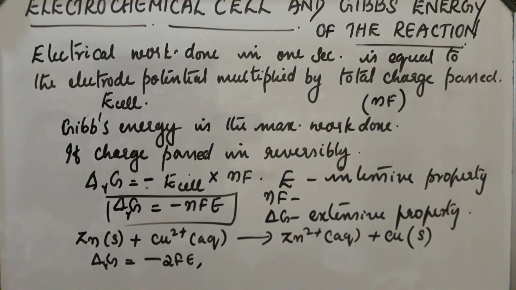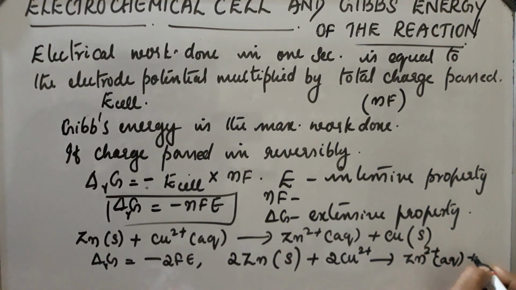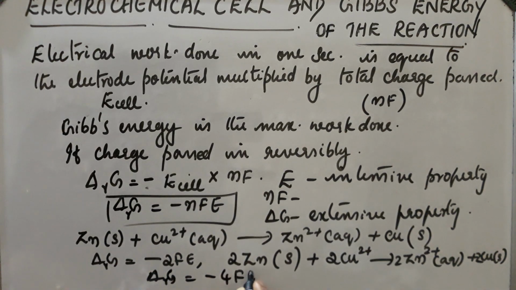But if we take 2 Zn, the stoichiometry changes. In this case, n gets converted into 4, so delta G will be equal to minus 4FE. So, depending upon the value of n, delta G changes. It depends upon the quantity, so delta G is an extensive property.